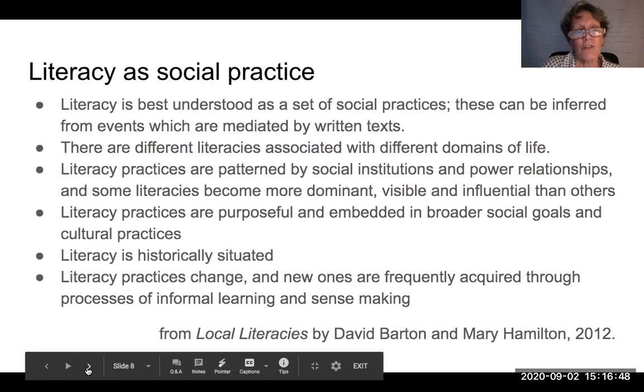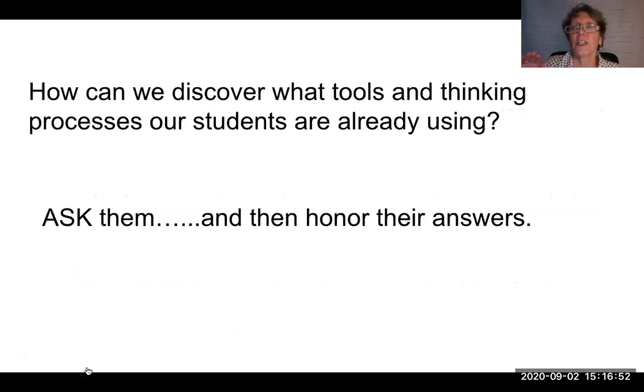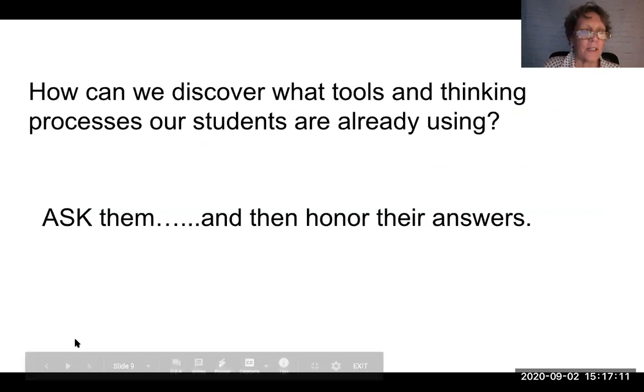So the key is to try to figure out what literacies they are already using. How can we discover what the tools and thinking processes our students are already using? And this is what I mean by looking past deficit. Certainly there are things they are not prepared to use, but they have many assets that they are bringing to the classroom.